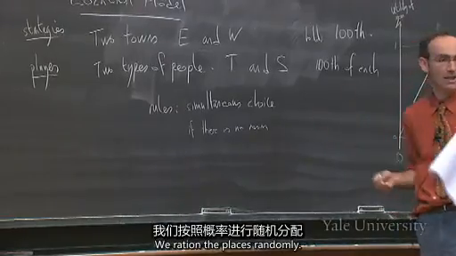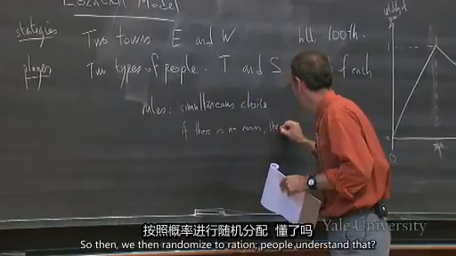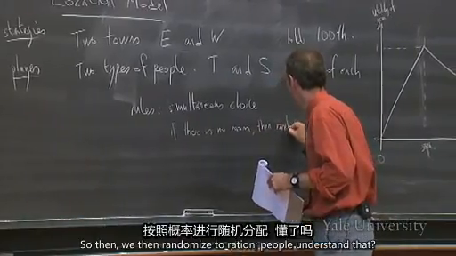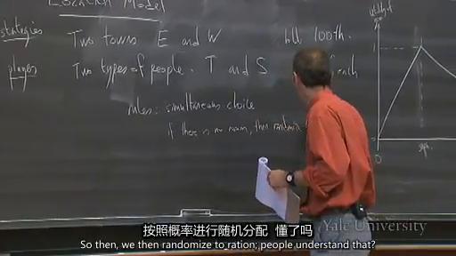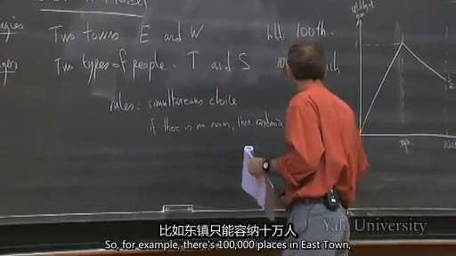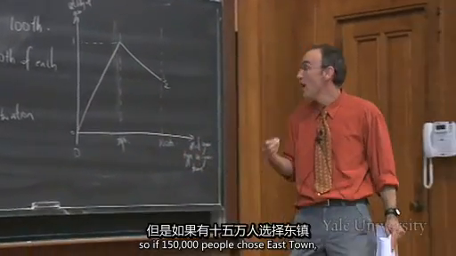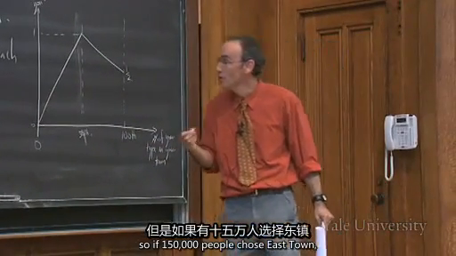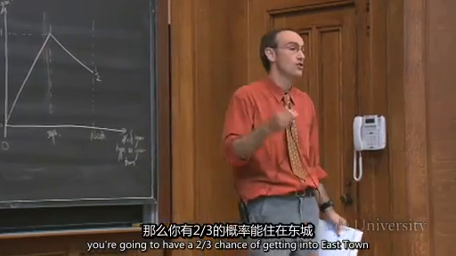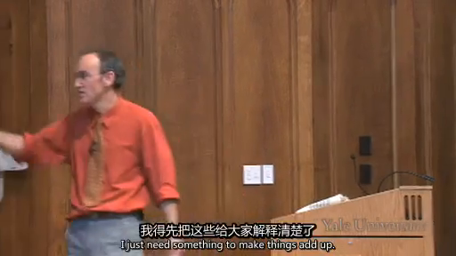We ration the places randomly. People understand that? For example, there's 100,000 places in East Town. So if 150,000 people chose East Town, you're going to have a 2/3 chance of getting into East Town, and the rest will be allocated to West Town. Does that make sense? I just need something to make things add up.